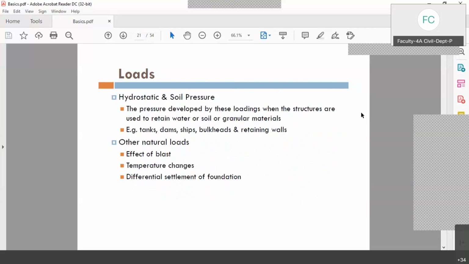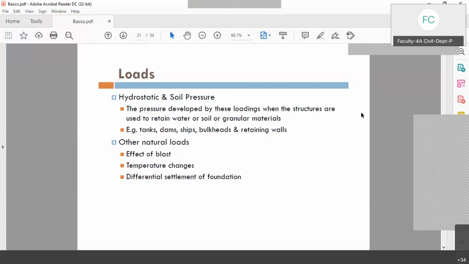Then there are the hydrostatic as well as soil pressure. If we talk about the water tank, then you will have this water hydrostatic pressure. Then again, if you are talking about the retaining wall, ships, dam, in that case you will have the load coming from the soil or granular material, since you have to retain those things, and because of that the particular loading is going to act on it.